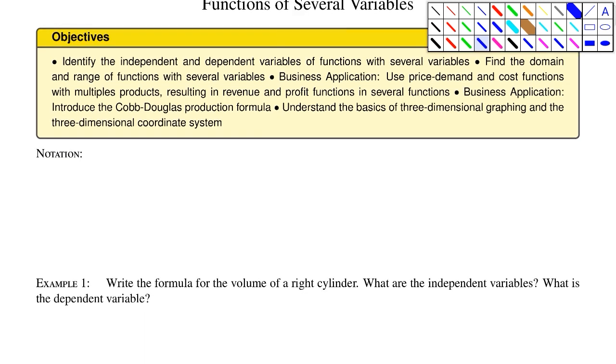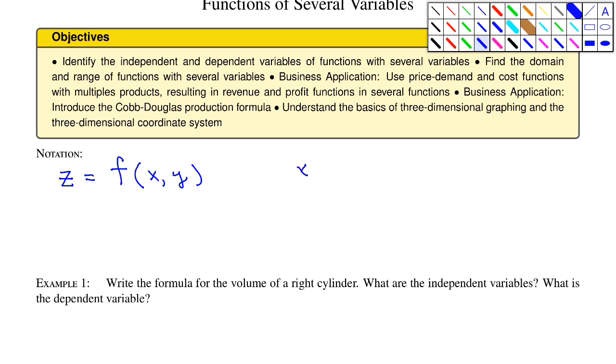So let's start with some notation. If we deal with just two independent variables and then the function variable, we sort of up it to a z, and we say that z is equal to f of x comma y. So instead of f of x, we now take an x and a y and enter that into the function to create some result.